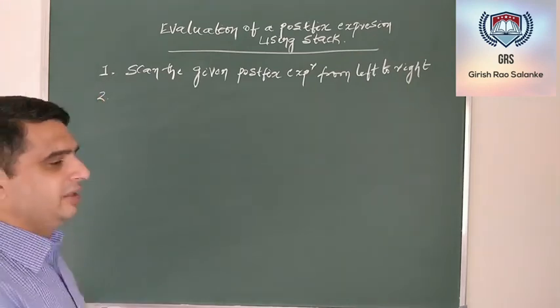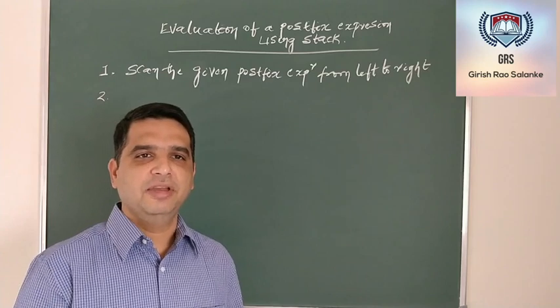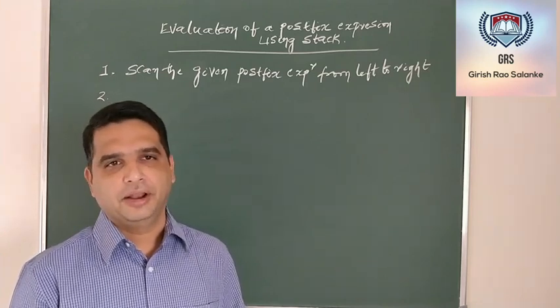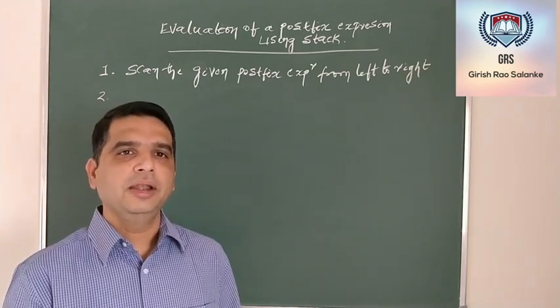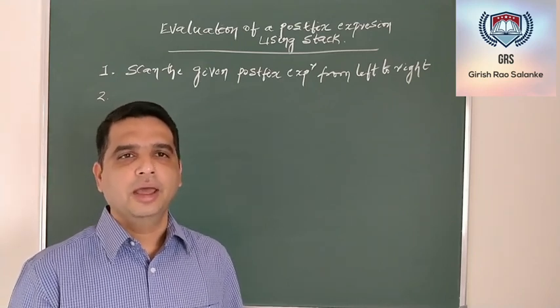Second thing, in case of any postfix expression, we know that we will just have operands and operators. Now I need to design what to perform whenever I encounter an operator or an operand.